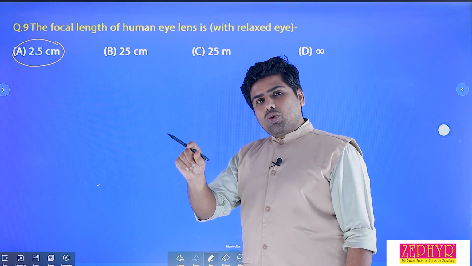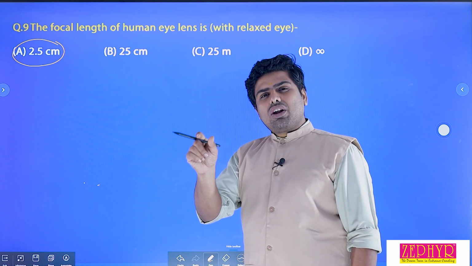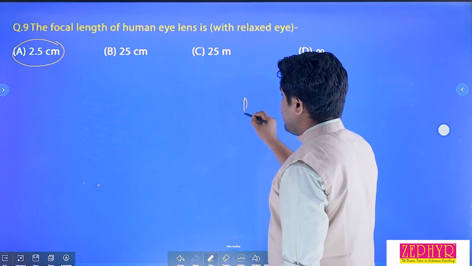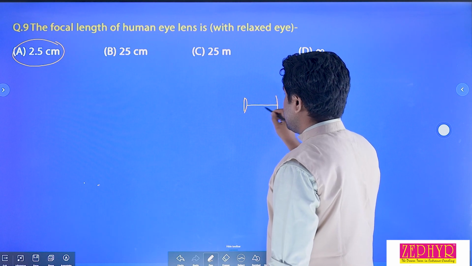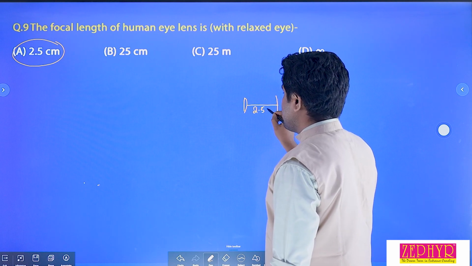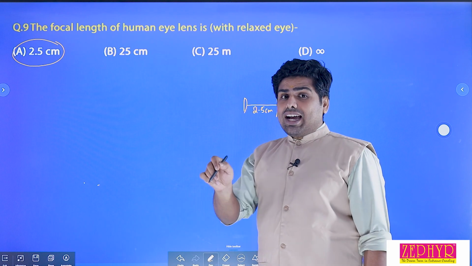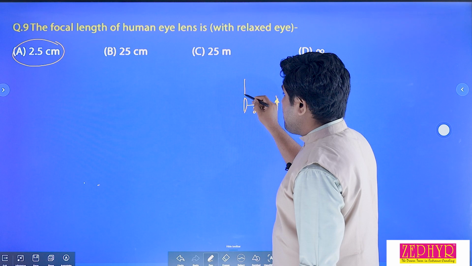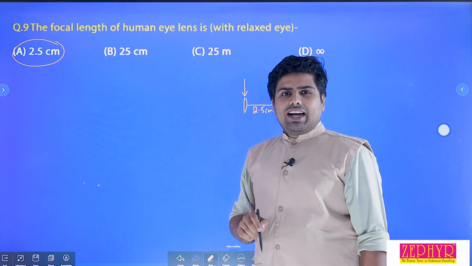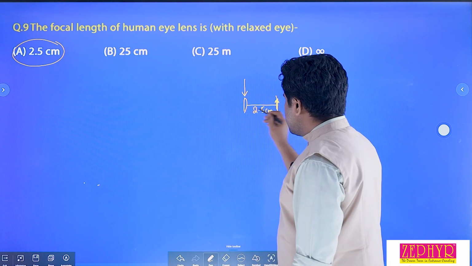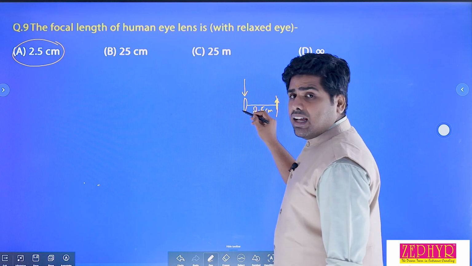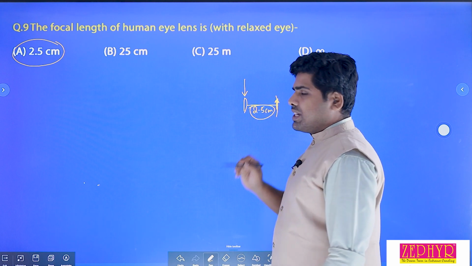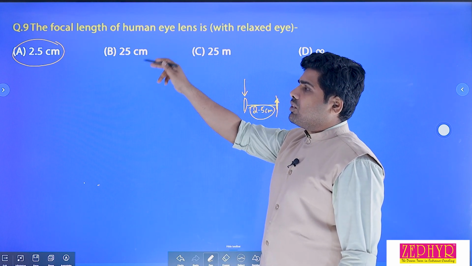The inner part of the normal human eye is only 2.5 centimeter, meaning from lens to retina the distance is only 2.5 centimeter. In a normal eye, the image is formed on the retina due to the eye lens. So the distance between the eye lens and retina, 2.5 centimeter, is the focal length of the human eye.